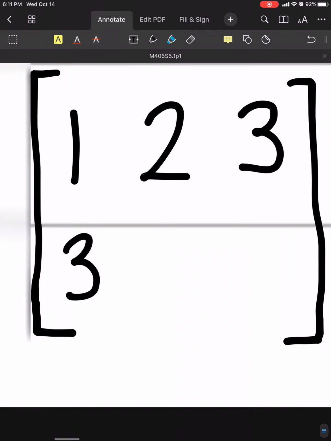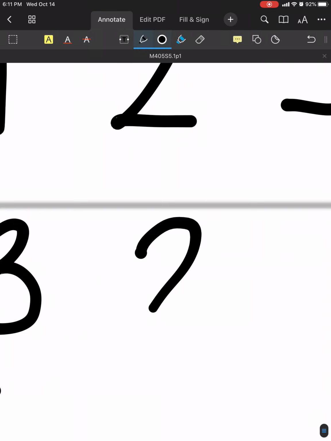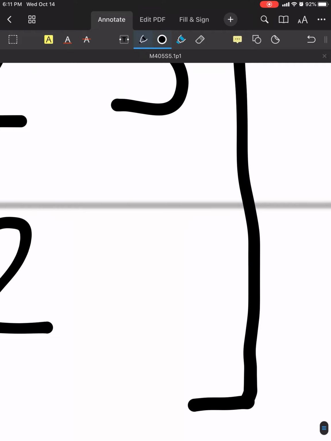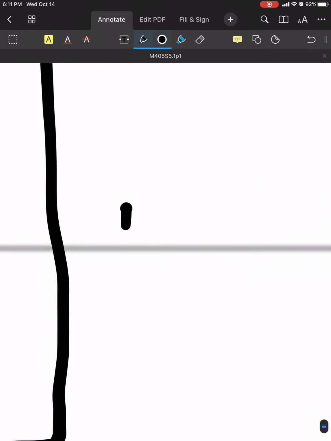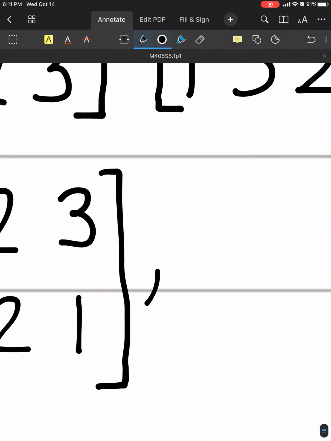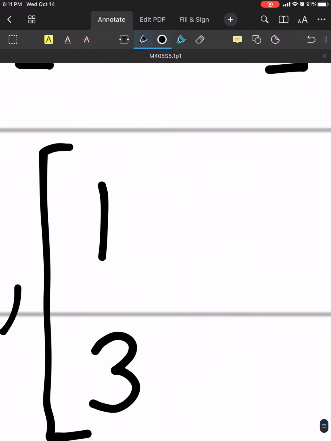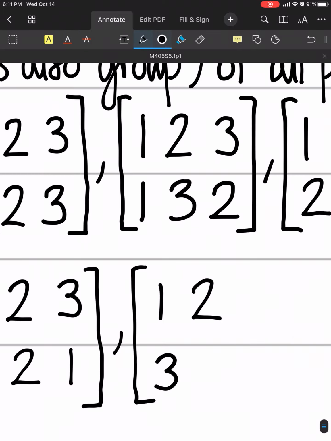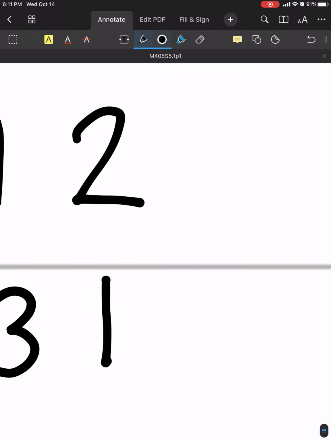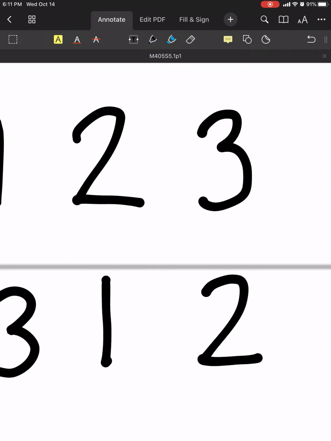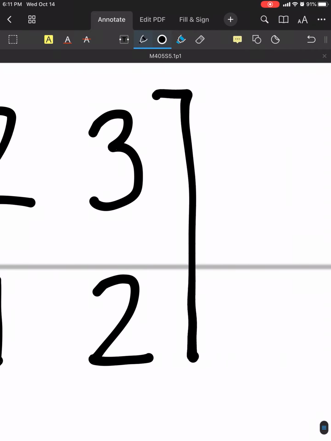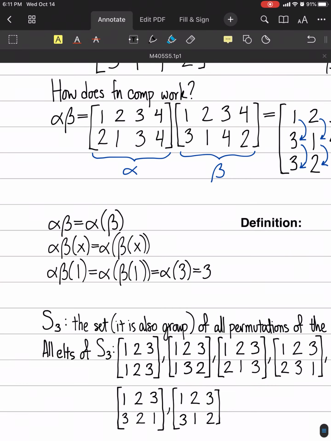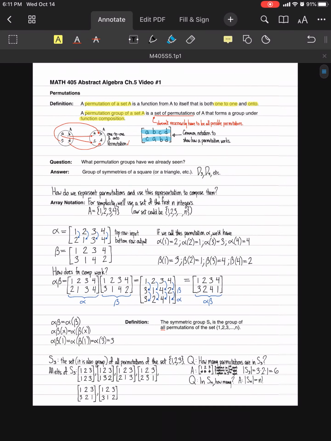So 2 here can either stay the same, and if that's the case, 3 has to go to 1, or I can have 1 go to 3 again, then 2 can't go to 3 because that's already been used, and we've already done one where 2 goes to itself, so 2 would have to go to 1, and then 3, at this point, the only thing left for it to map to is 2, and then these are all 6 elements of S3. That is the entirety of S3.